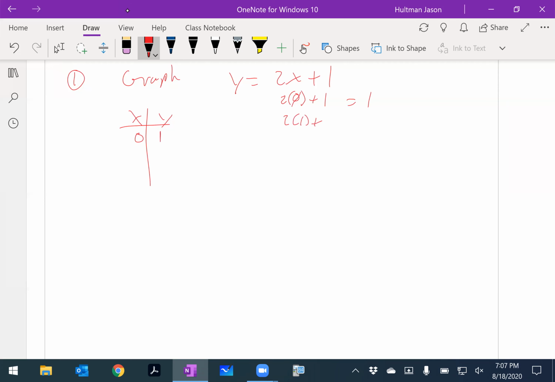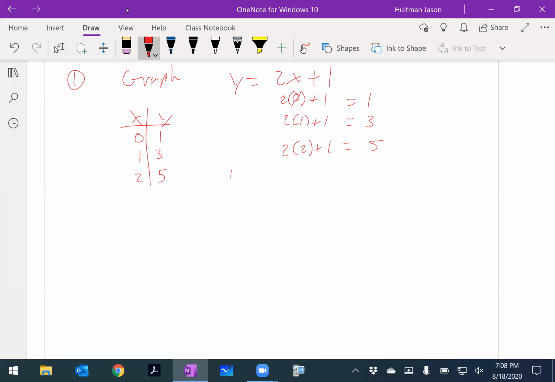Plug in 1: 2 times 1 plus 1 is 3. Then for 2, 2 times 2 plus 1 is 5. So when x is 0, the output is 1. When x is 1, the output is 3. And when x is 2, the output y is 5.